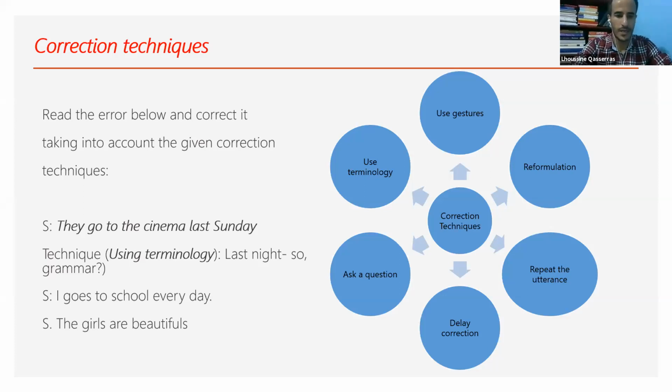Okay, good. Now the girls are beautiful. How can you correct? What techniques are you going to use? The girls are beautiful. So what technique and what would you say, or how would you correct?